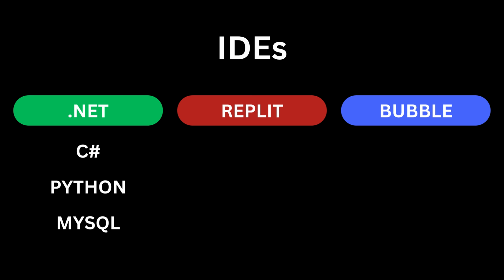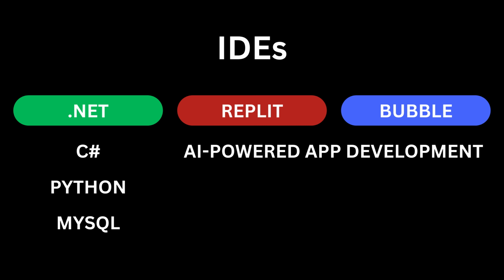Or if time is a constraint, then I can bring in tools like Replit and Bubble, which are essentially IDEs, integrated development environments. You can go to the website, like the Replit website, and explain to the IDE what you want it to do, how you want the platform to look, what you want your software to achieve, and it creates the application for you.